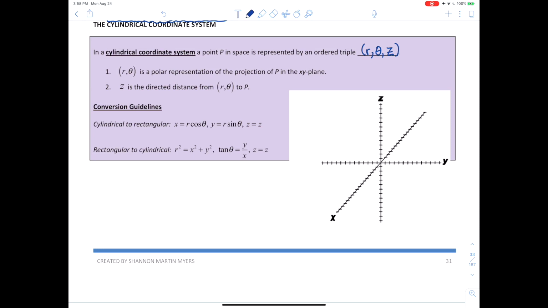All right, so what you've got is, let's say you have a point right here. So this is our point.